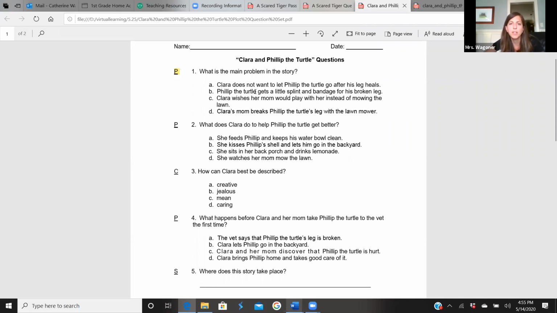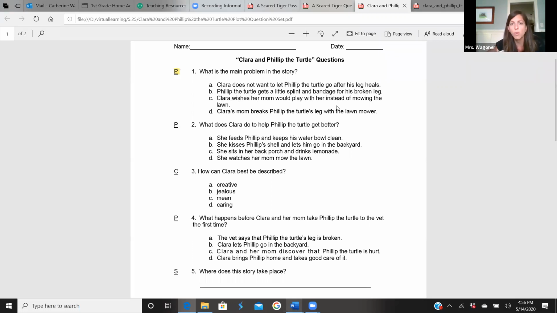B, Philip the turtle gets a little splint and bandage for his broken leg. C, Clara wishes her mom would play with her instead of mowing the lawn. Or D, Clara's mom breaks Philip the turtle's leg with a lawnmower. So on your paper right now, by one, write your answer. Is it A, B, C, or D?